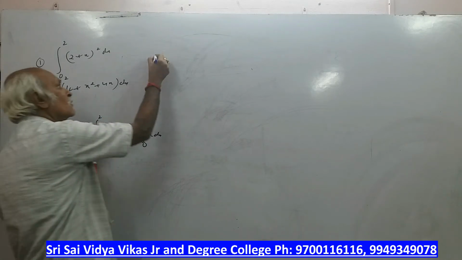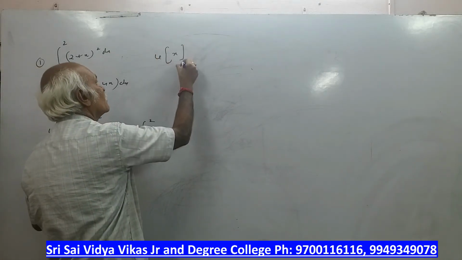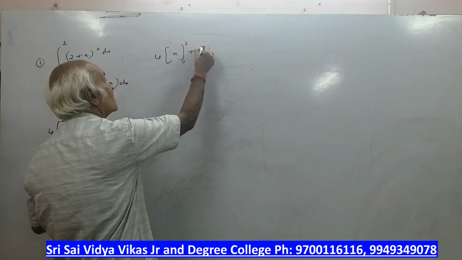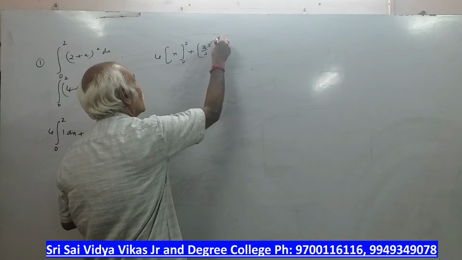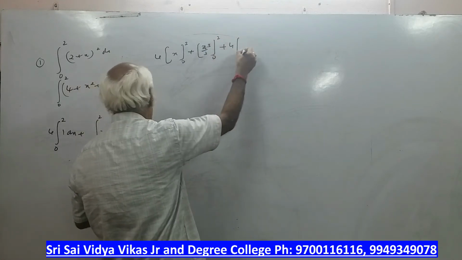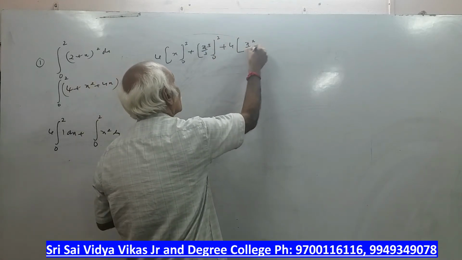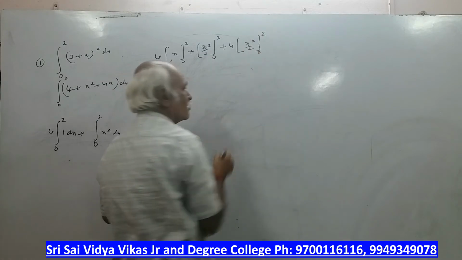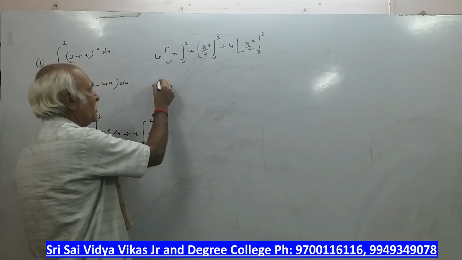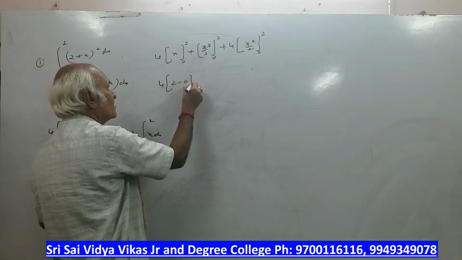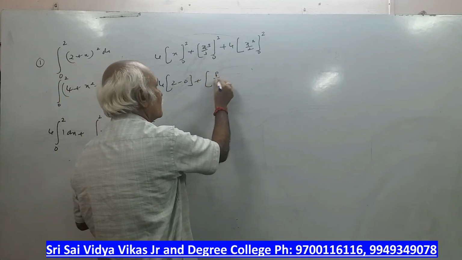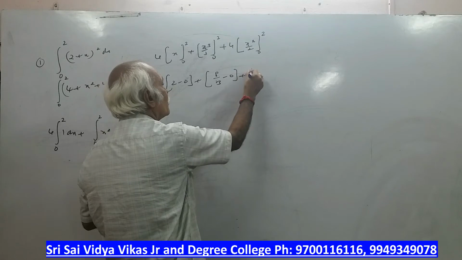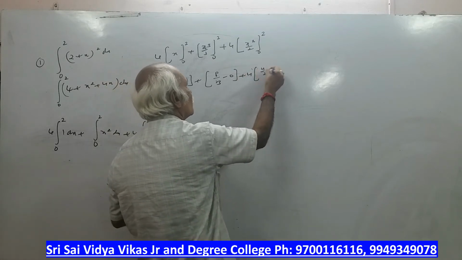So, what will happen? 4 into x from 0 to 2, plus x cube by 3 from 0 to 2, plus 4 into x square by 2 from 0 to 2, means upper limit minus lower limit. So, 4 into 2 minus 0, plus 8 by 3 minus 0, plus 4 into 4 by 2 minus 0.